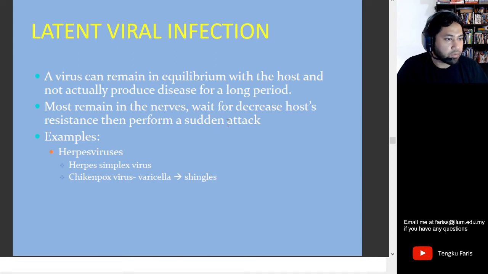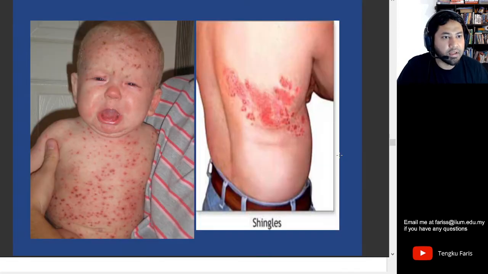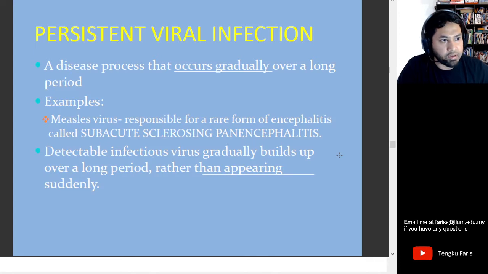But as we live normally, they can come back and become activated and perform a sudden attack. For example, herpes simplex viruses and chickenpox virus, varicella zoster, which causes shingles, are all classified under latent viral infection. So this is an example of shingles. They can remain in your body for a long period of time.